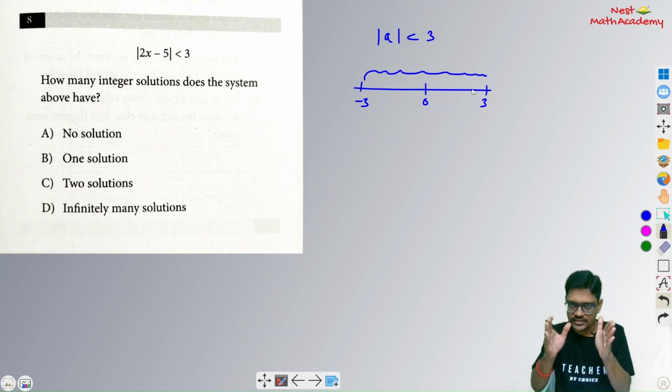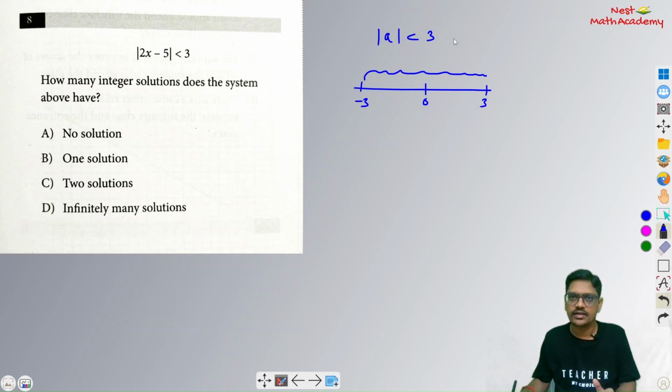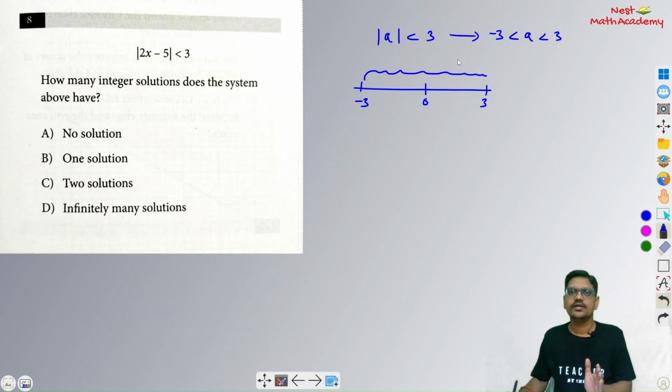Anywhere in between minus 3 and 3, the distance is less than 3. So we can remember that whatever the contents are inside the absolute value, if it is less than 3, those contents must lie between minus 3 and 3. Making sense? If equality is there, I will use equality here also. If it is not there, we will not use that. As simple as that. Okay.